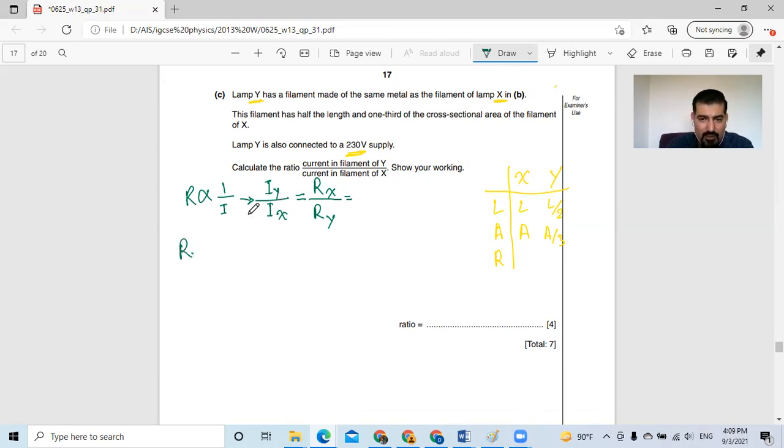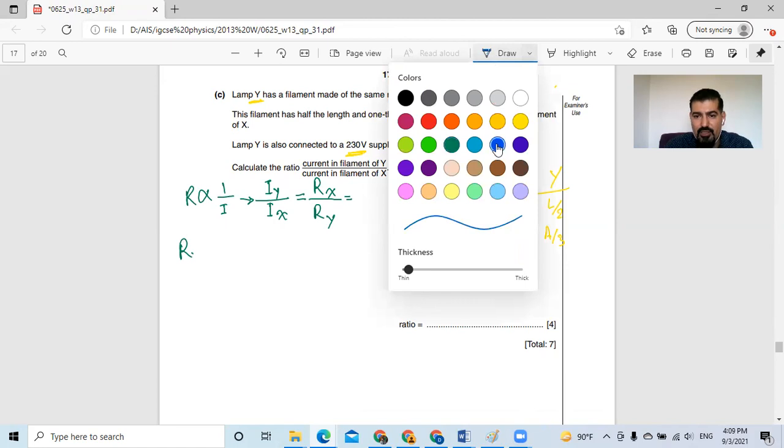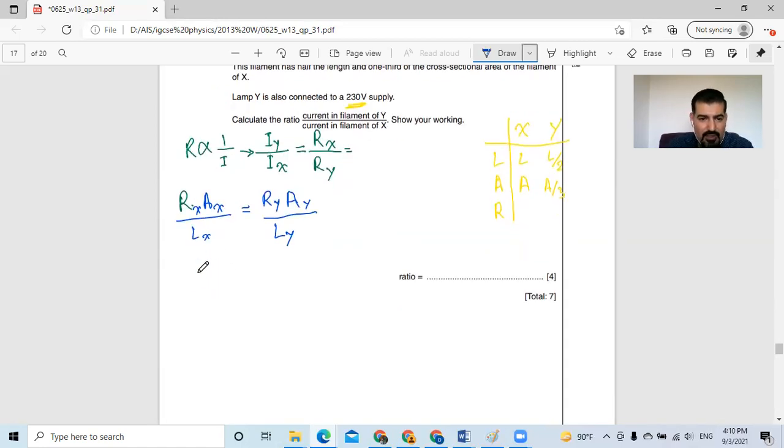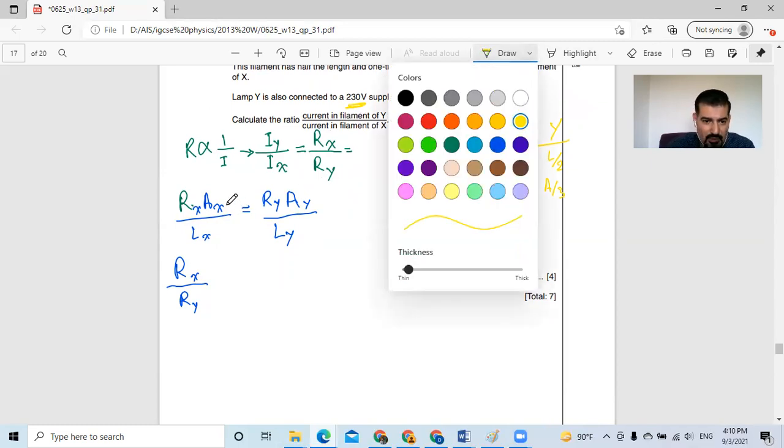So we know that Rx Ax over Lx is equal to Ry Ay divided by Ly. So we will need Rx over Ry. We will do cross multiplication.